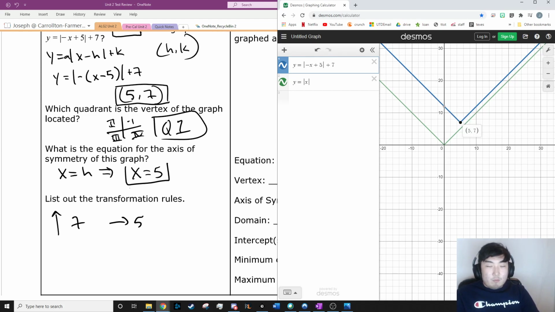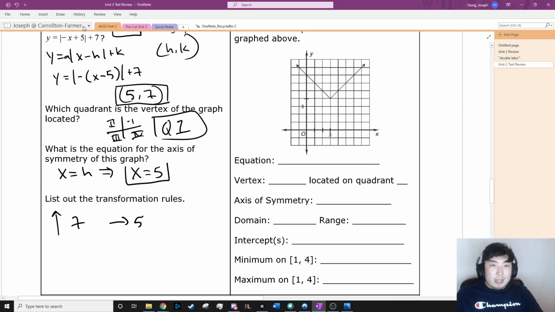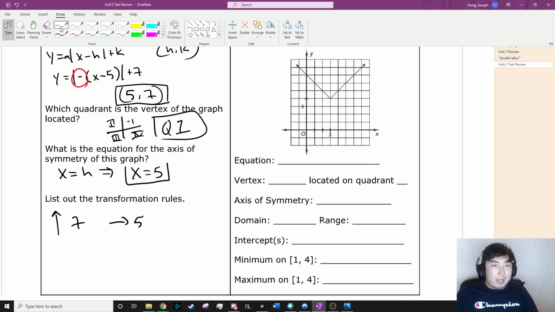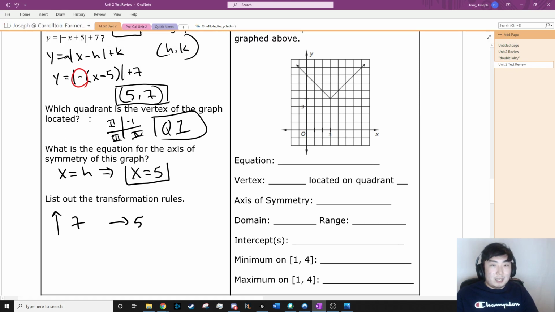Okay, we have one last thing to think about, and I'm going to draw this in red because I need to talk about this right here. I need to see that this is talking about reflecting over the y-axis, because this negative is inside my equation, inside my absolute value.